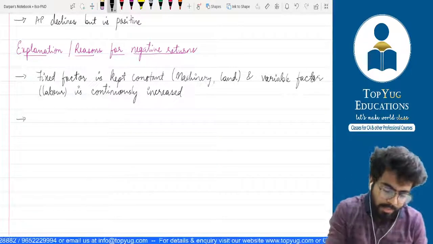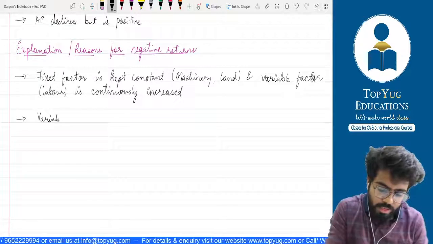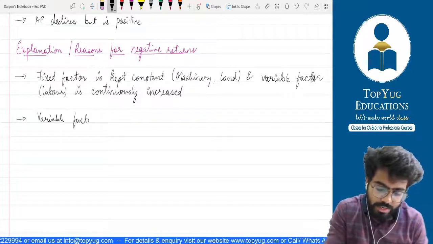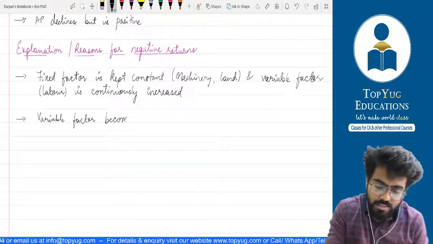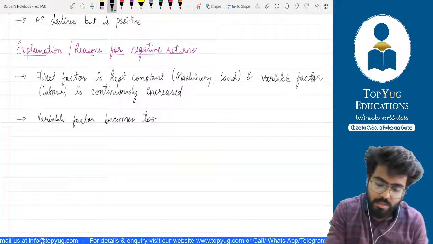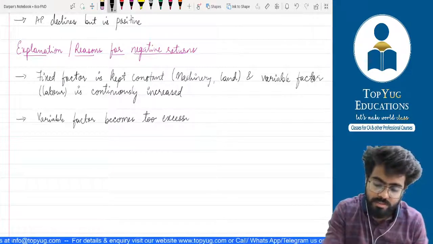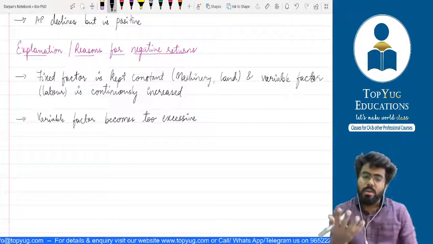So what will happen in the next line? Variable factor becomes too excessive, right? You're not able to handle them.